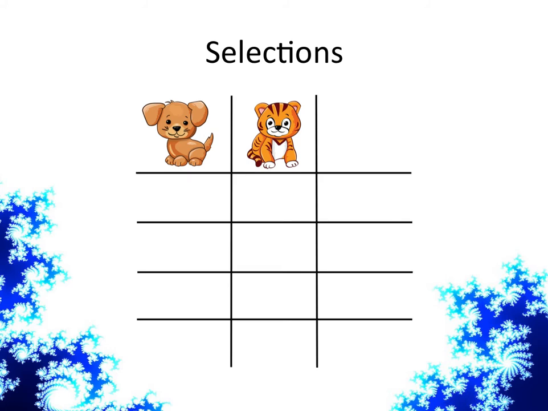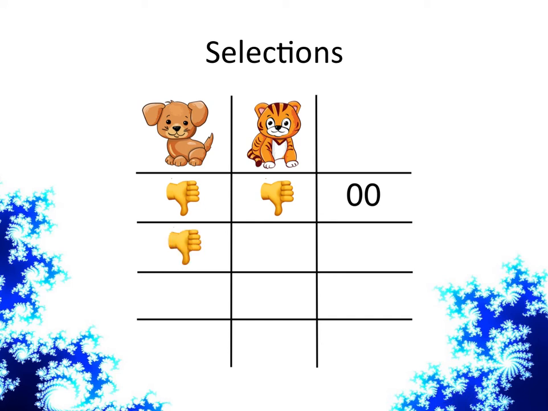And first of all, we don't want the puppy and we don't want the tiger. And that gives us a selection of neither, a selection that we'll express by the binary digits 0 and 0. Right? 0 means rejection. So we rejected the puppy, we rejected the tiger, that's 0, 0.